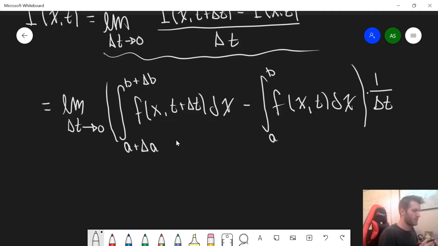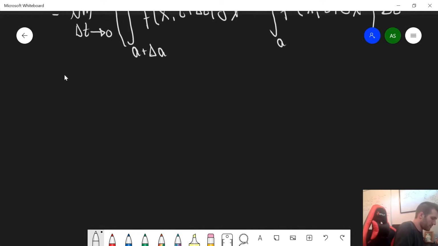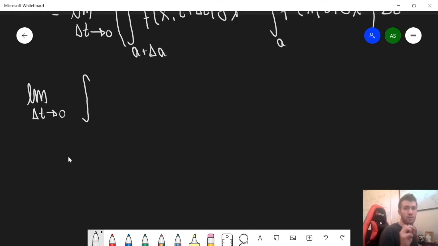So we're going to decompose that, and that is going to look like, so we got our limit, delta t to 0. And to begin, we start with our limit, where our initial point is going to be from a plus delta a all the way to a. Okay?